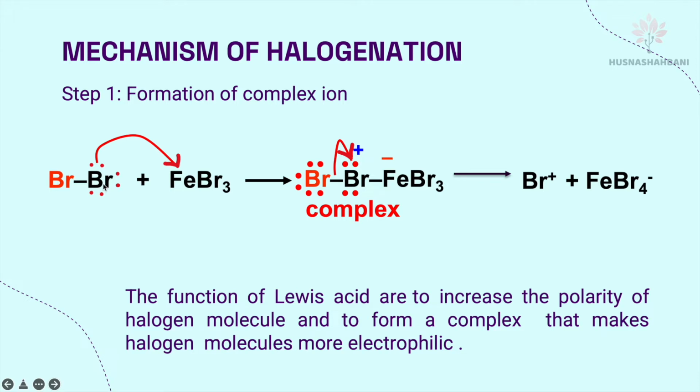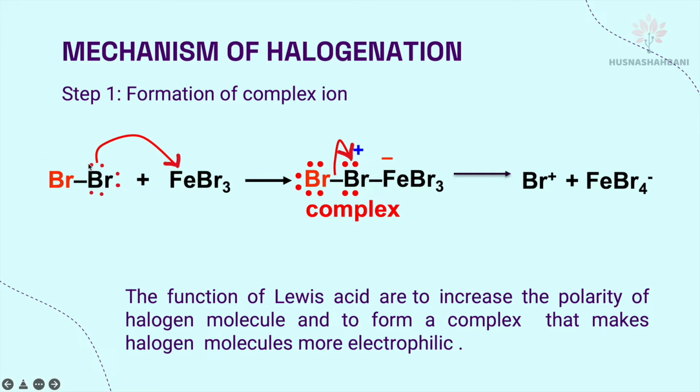One of the Br atoms uses its lone pair of electrons to form bond with Fe, because we know that in FeBr3, this Fe has incomplete octet. So this is the electrophilic site. When these two react, this Br here becomes nucleophilic site, here electrophilic site.